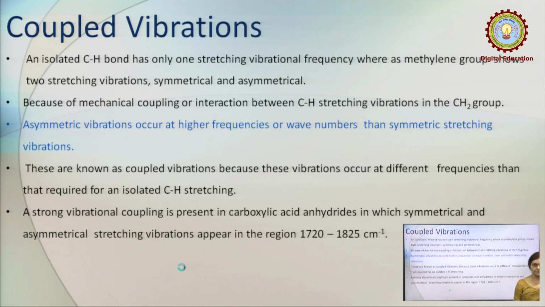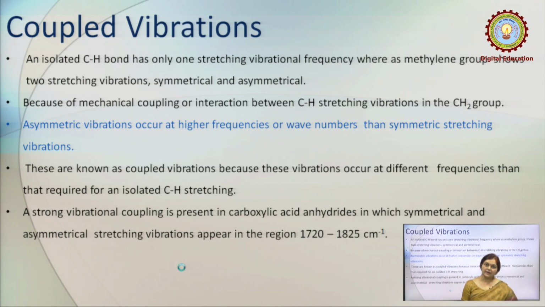Coupled vibration. An isolated CH bond has only one stretching vibrational frequency, whereas a methylene group shows two stretching vibrations, one symmetric and the other asymmetric. This is because of mechanical interaction or coupling between CH stretching vibrations in the CH2 group.